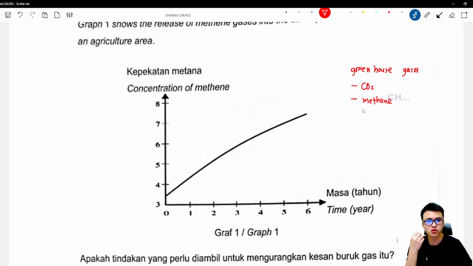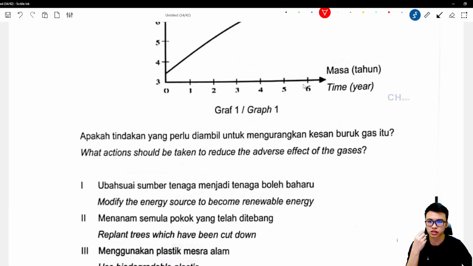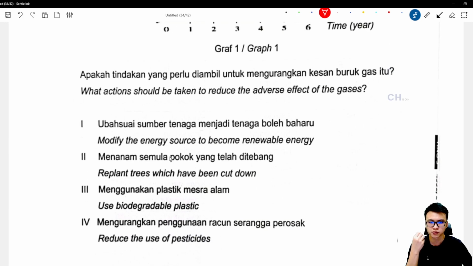So if you want to reduce the methane gas, what action do you need to take? Yes, you want to modify the energy source to become renewable energy. Yes, this one can reduce the greenhouse gases. Replant the trees which have been cut down. Yes, 1 and 2.